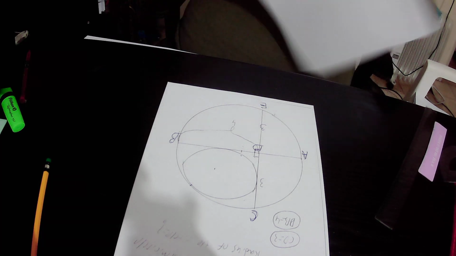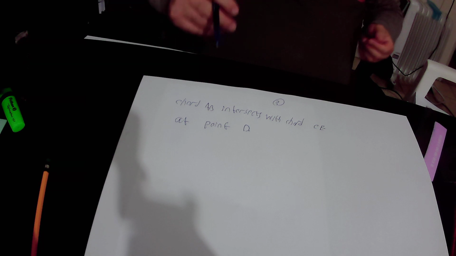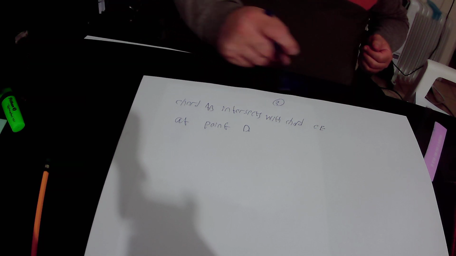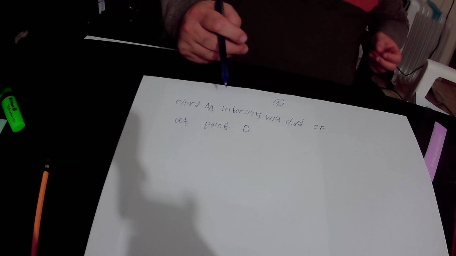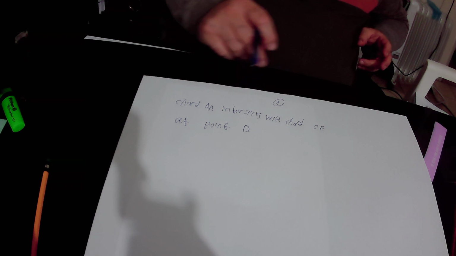I will repeat again. Chord AB intersects with chord CE at point D, and point D is the intersection point of chord AB with chord CE.